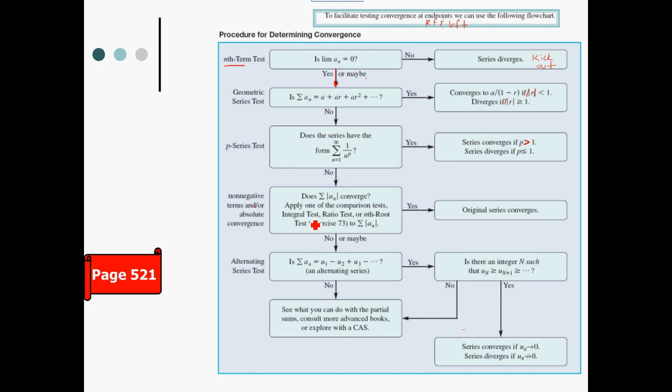If I have an alternating series, and the absolute value of the terms converges, I'm going to apply one of the comparison tests or the integral test, the ratio test. The nth root test we never did. You can look it up. It's hardly ever used. Here's where they go. Exercise 73. Don't worry about this. AP does not focus on these as much.